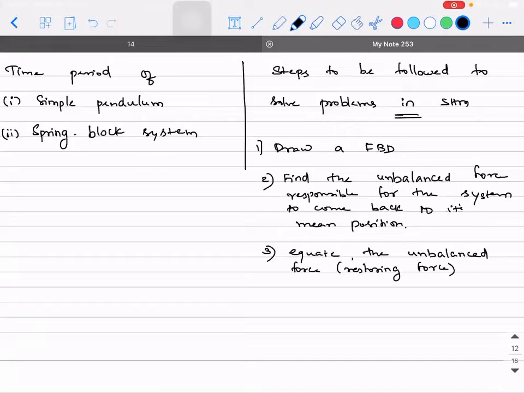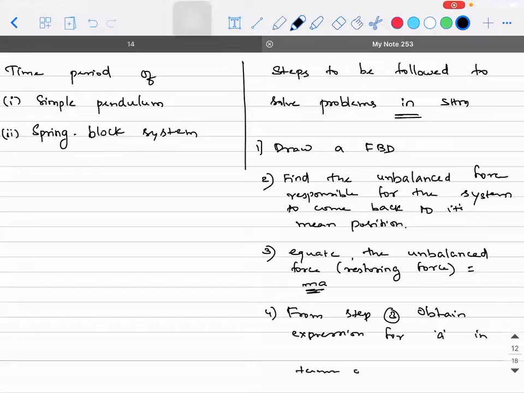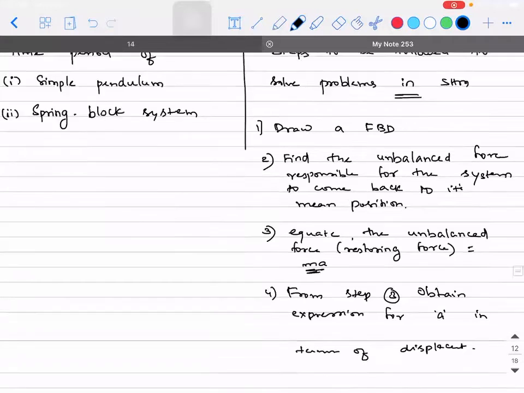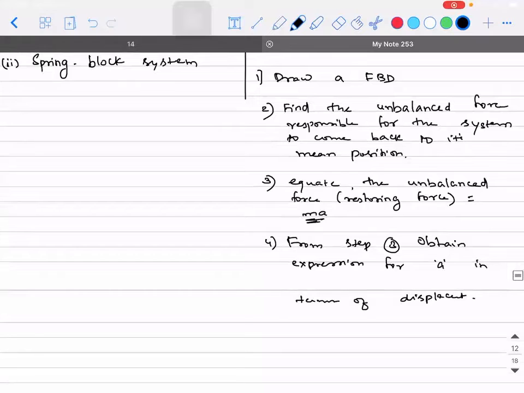Equate the restoring force to M into A. Once you do that, from step 3, obtain the expression for acceleration in terms of displacement.